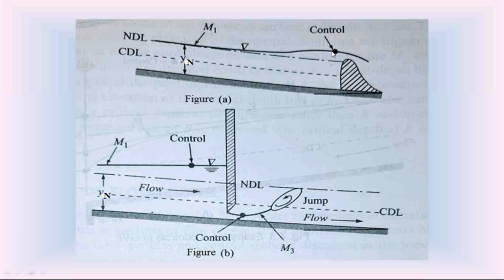So at the control section, the specific energy E1 is equal to the depth of flow Y plus V square by 2g. Then find out the total energy line slope SF at section 1. Use Chezy's equation to find the slope of the total energy line. According to Chezy's equation, in gradually varied flow, V is equal to C root R SF.